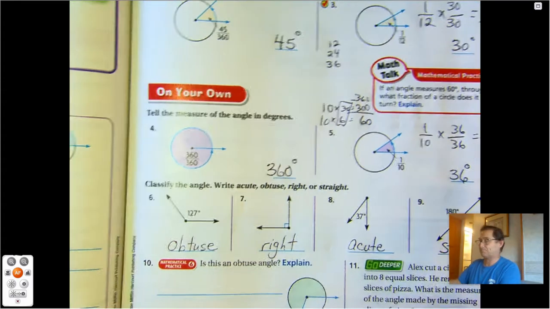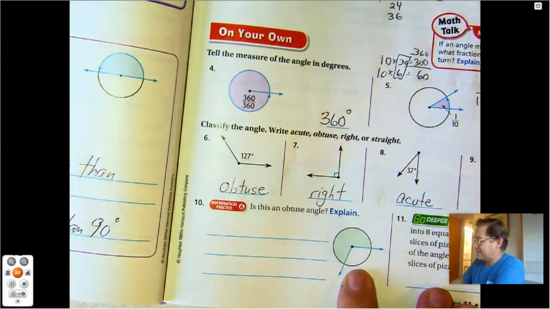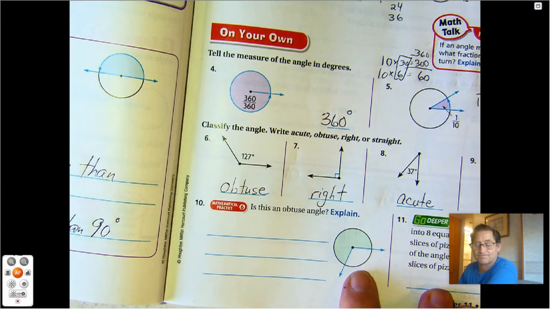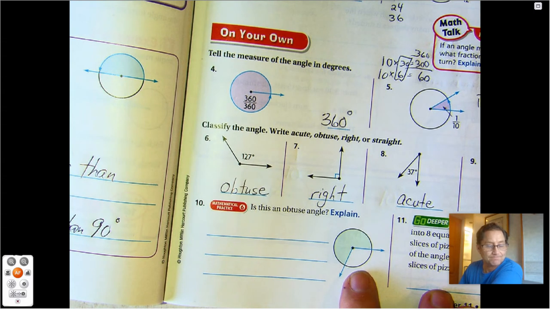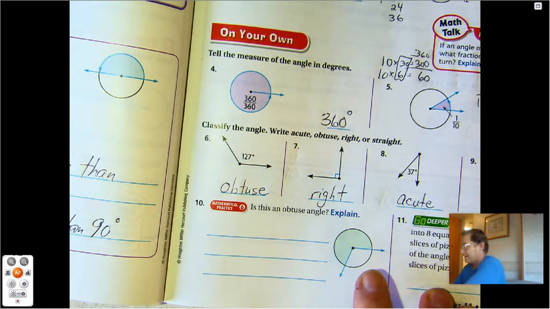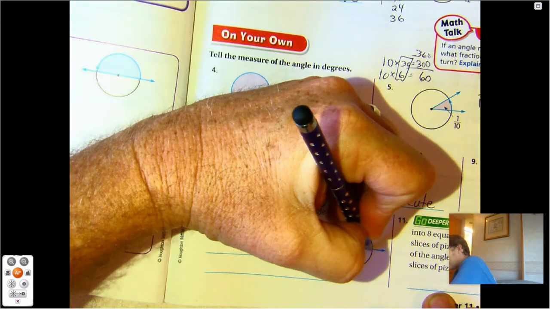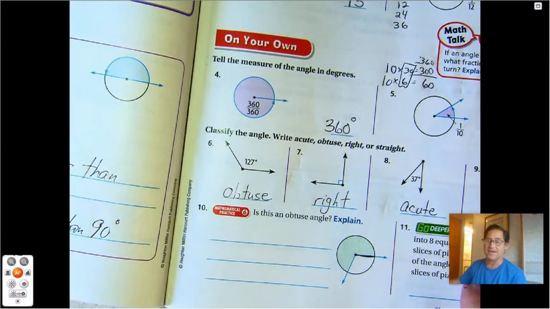Number 10, is this an obtuse angle? Well, the green area is the part that's shaded, okay?